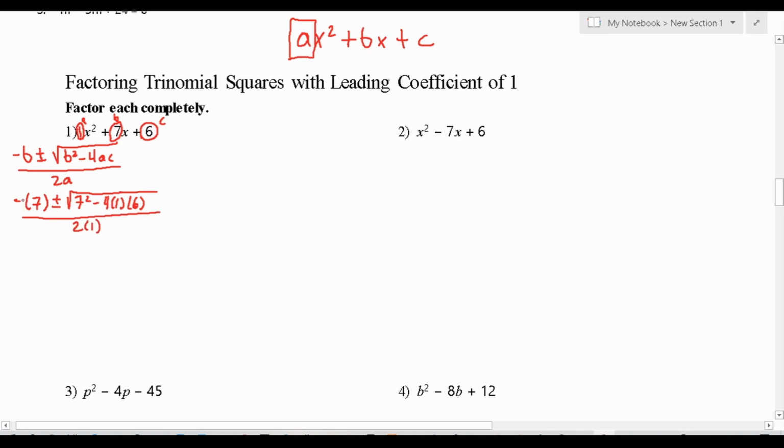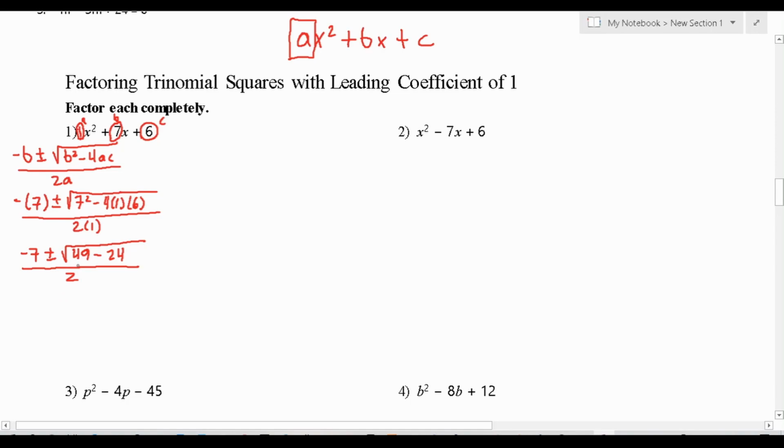Let's keep working this out. Negative times positive 7 is just going to be negative 7, plus or minus the square root of 7 squared is 49, minus 4 times 1 is 4, times 6 is 24. And again, that's all over 2 times 1, which is just 2.